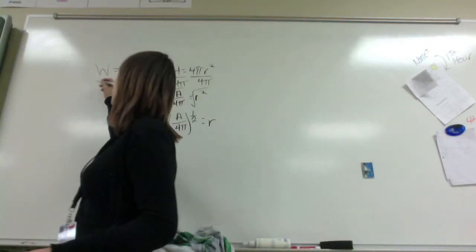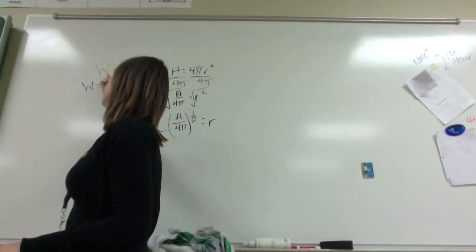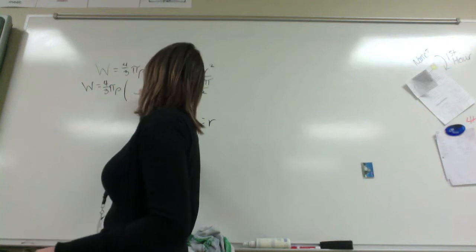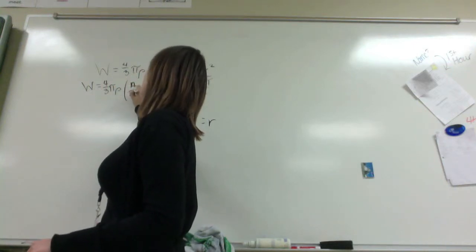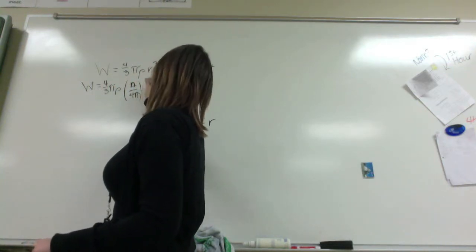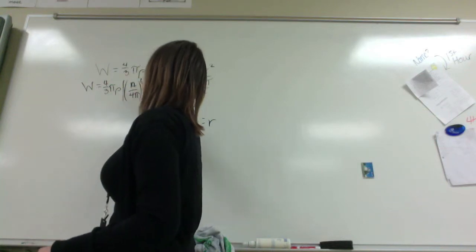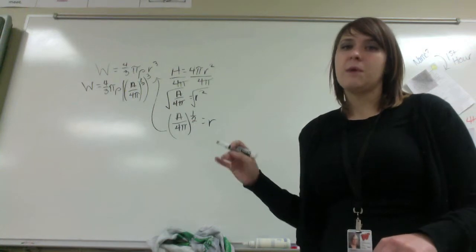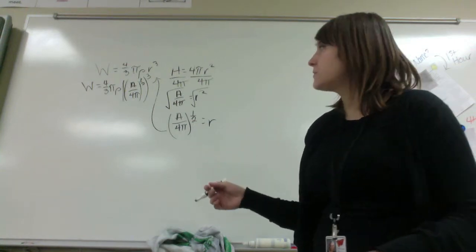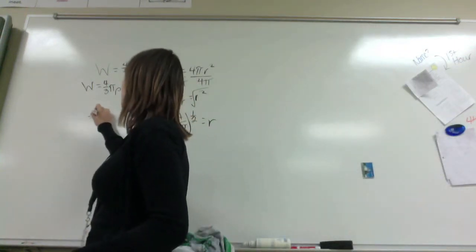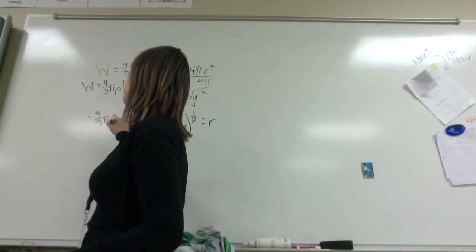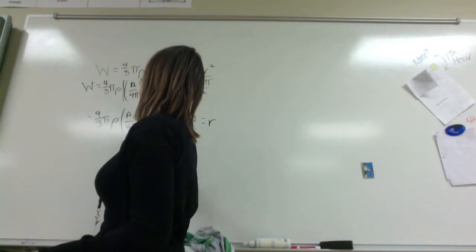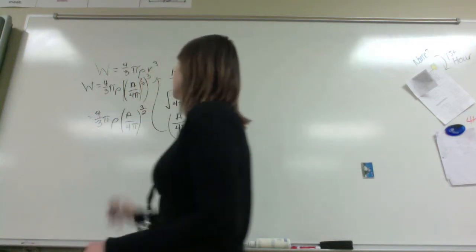Now what I can do is plug this into this equation for r. So I've got W equals 4/3 pi rho times A over 4 pi to the 1/2, and that whole thing to the 3rd. Now I know that when I take a power to a power, I can just multiply those. So this is going to be 4/3 pi rho A over 4 pi to the 3/2.